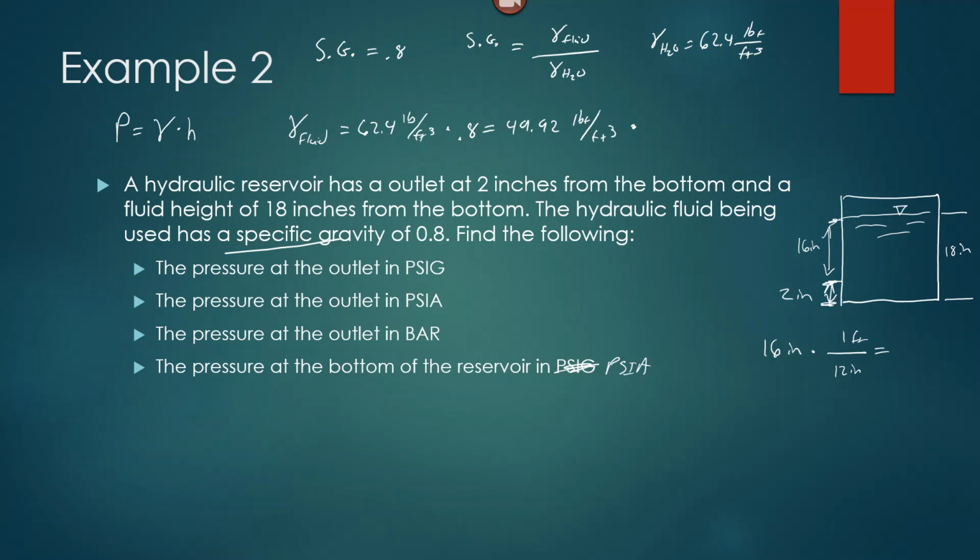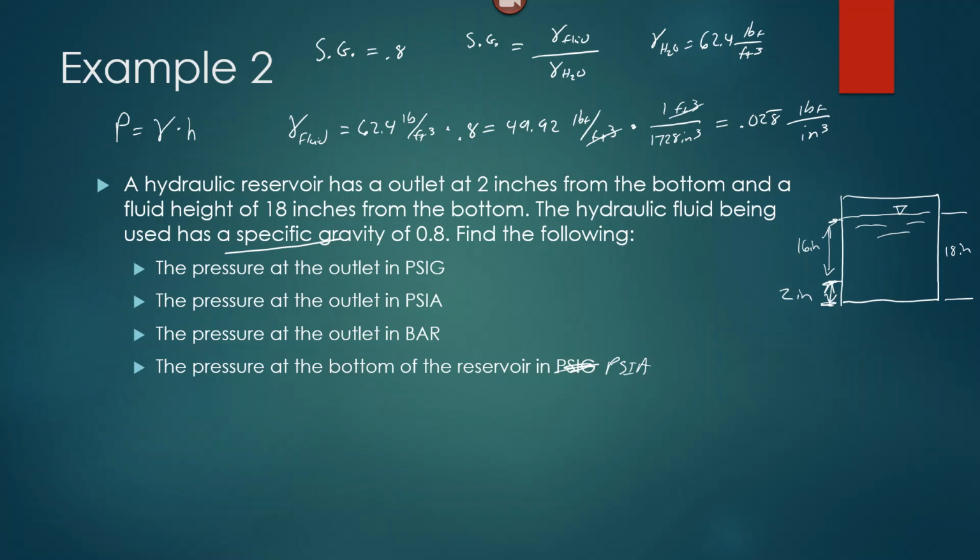Let's do this a little differently. We're going to convert this into pounds per inches cubed. 1 foot cubed is 1728 inches cubed, and that's going to give us 0.028 repeating pounds force per inches cubed.